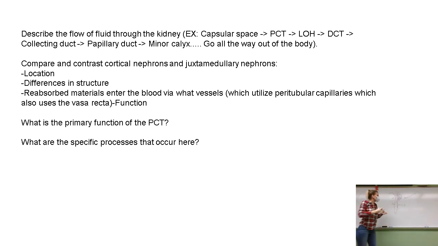The majority of the overall volume of fluid gets reabsorbed in the proximal convoluted tubule. So a bunch of water, and a bunch of ions, like sodium and chloride, because that's how the water gets reabsorbed. It's following all this stuff. But what else gets actively reabsorbed here out of the PCT?